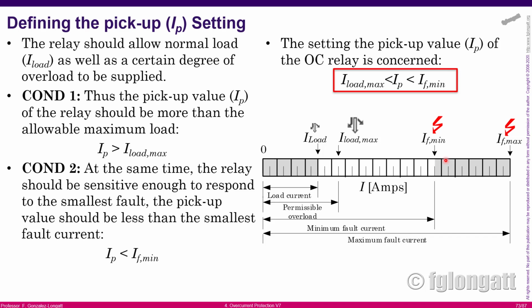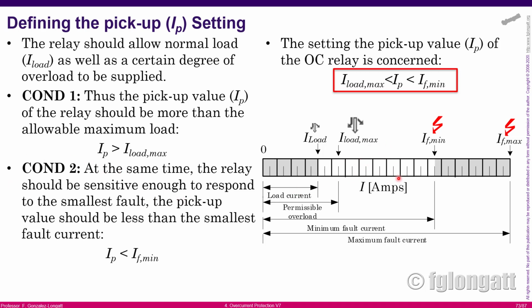What you need to understand is that the region where the circuit breaker must operate, the area for the pickup current, is between the maximum load current and the minimum short circuit levels. Anything above the minimum short circuit level is a fault, and we are in problems. Here we have condition 1: the pickup current must be above the maximum load current.